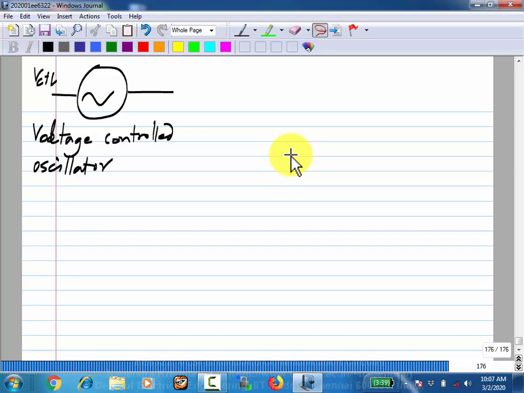The periodic, so basically, if the control voltage is a constant, the output will be periodic at some frequency, and if you change the control voltage to a different constant, it will be periodic at a different frequency and so on. Okay. The actual waveform can be anything. It can be a sine wave or a square wave or whatever. I will, as usual, model it as cos, but the waveform may not be a sinusoid.